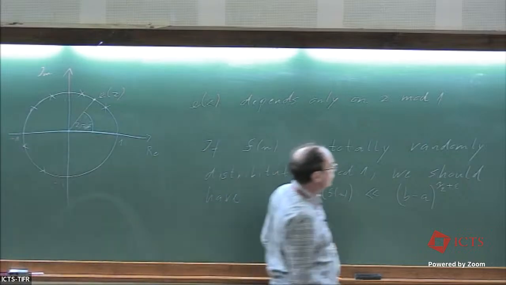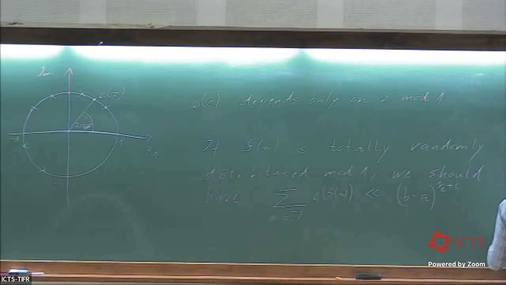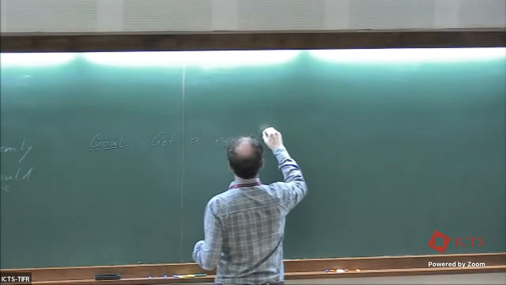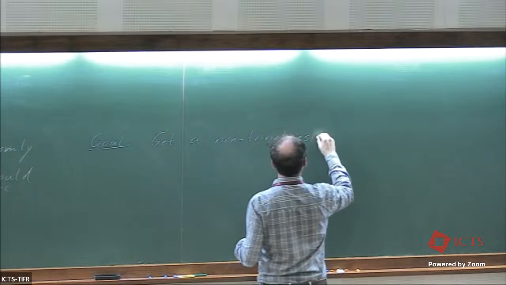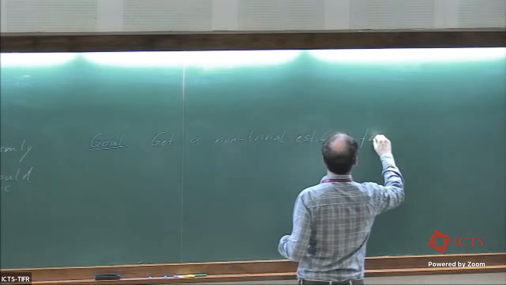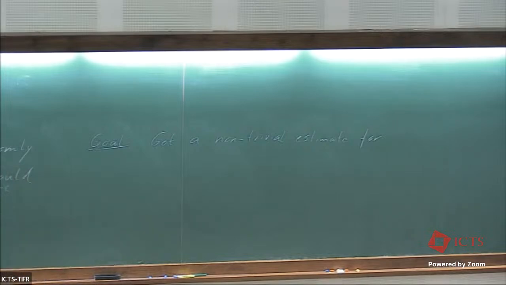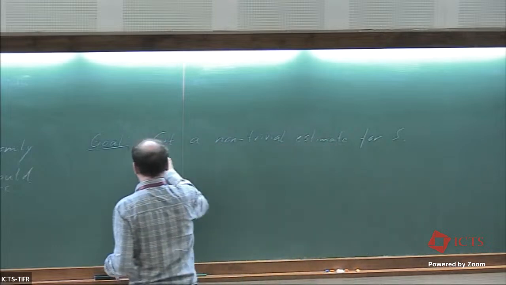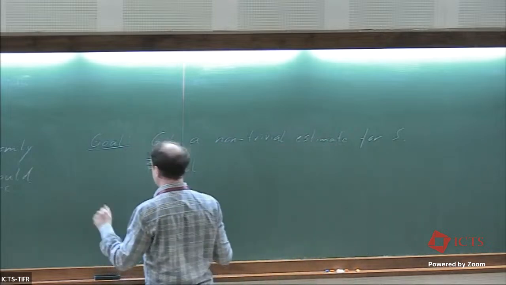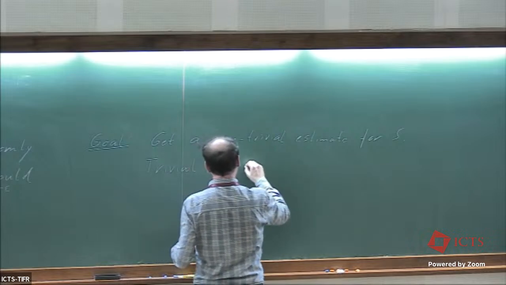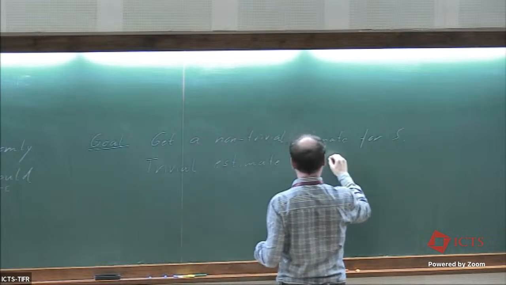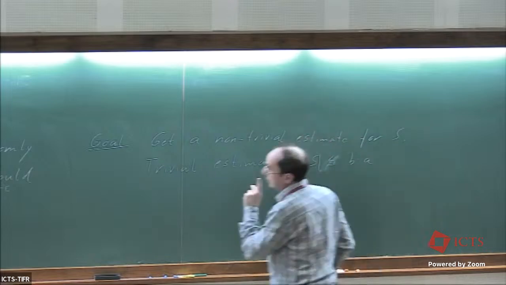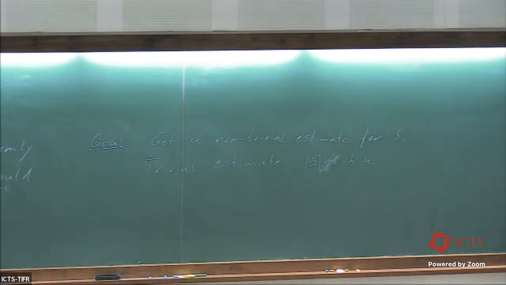So in general, our goal is just to get a non-trivial estimate on the sum, let's call it S. Of course, the trivial estimate is obtained by the triangle inequality: S is bounded by B minus A, if we follow the convention that B and A are integers.